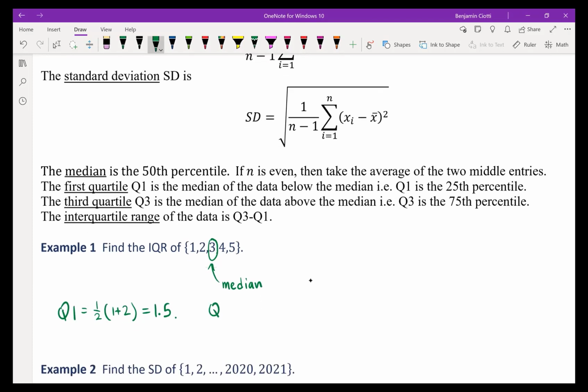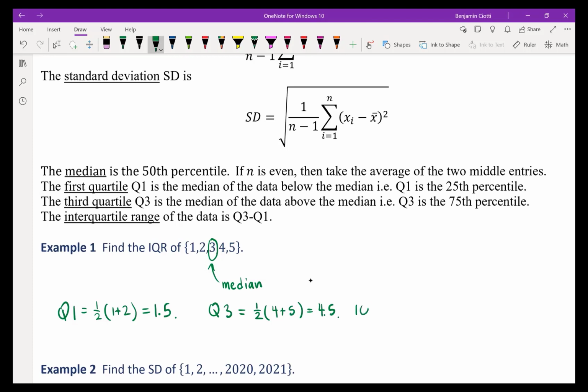The third quartile will then be the median of the numbers that are above the original median. That is to say, it's the median of the data set 4, 5. Since that's an even number of numbers, I simply take their average. So it'll be 1/2 of 4 plus 5, which is 4.5.